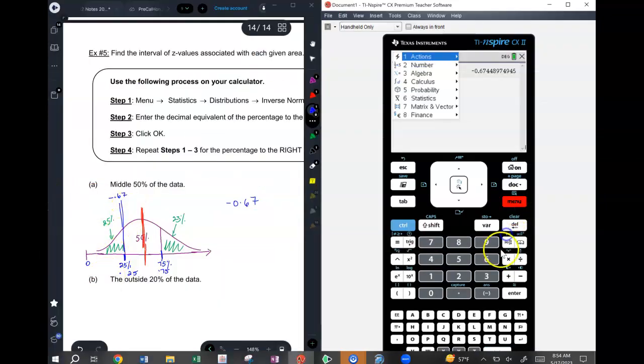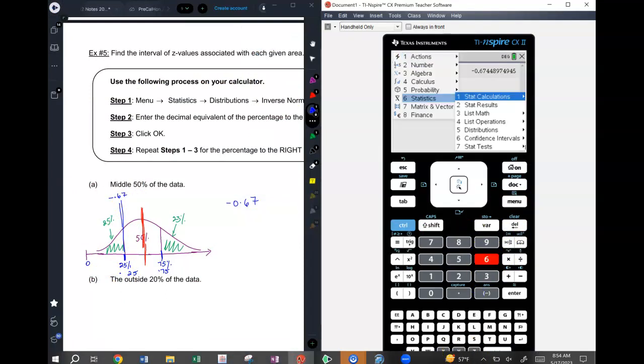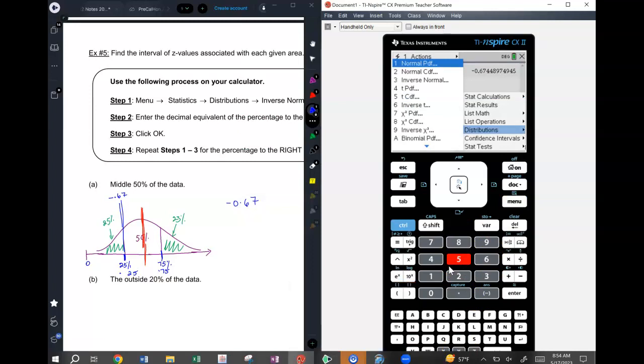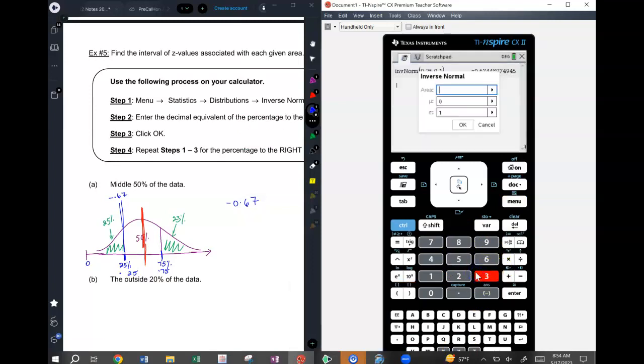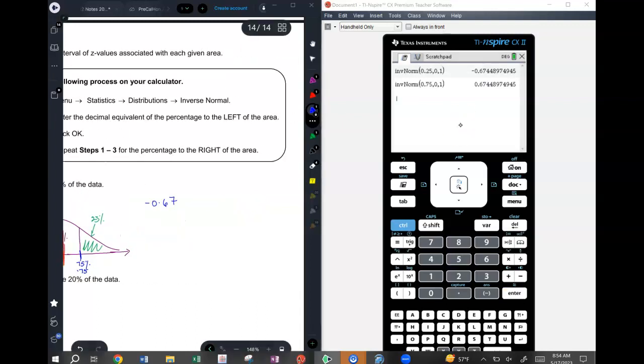So let's go to menu, number 6 for statistics, number 5 for distributions, number 3 for inverse normal. 2 decimal places. And here we're going to put 0.75. And what do we get? 0.67.